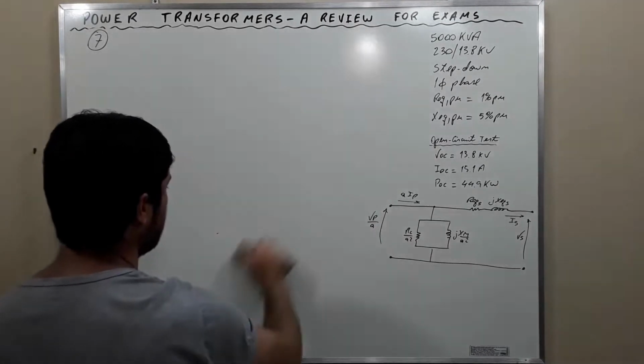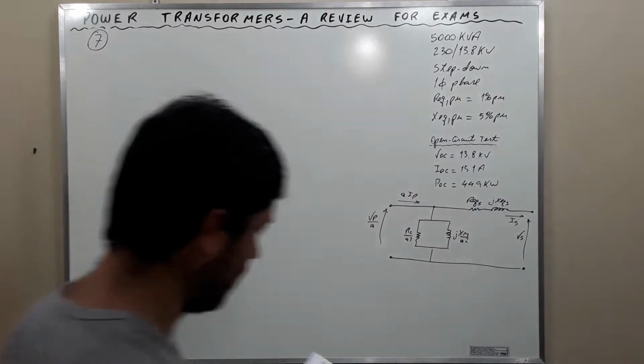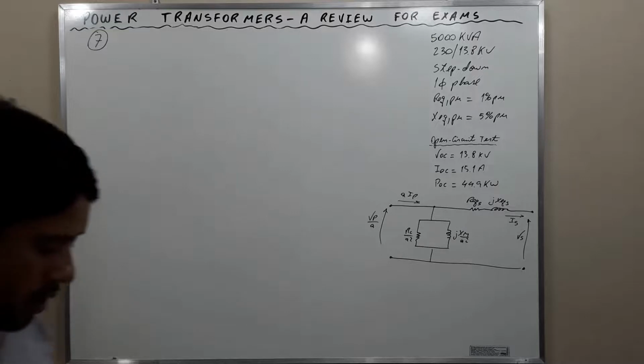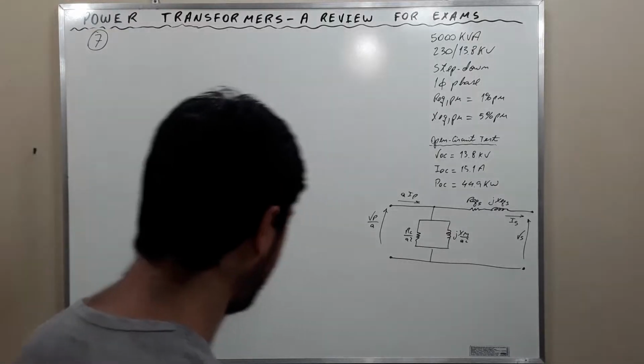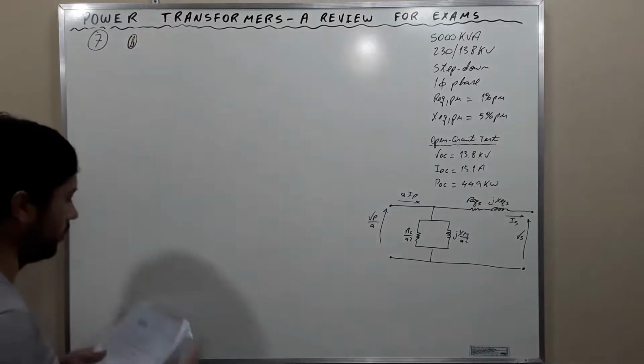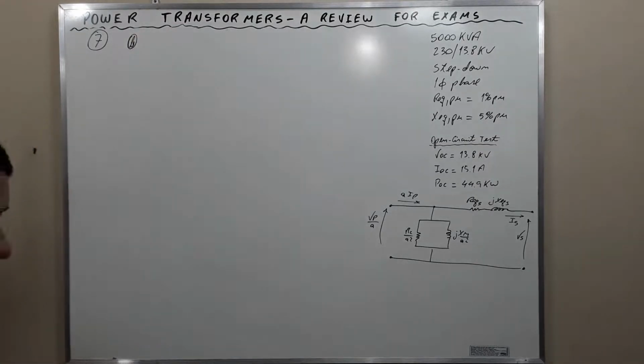In letter B, we are asked: if the voltage on the secondary side is 13.8 kV and the power supplied is 4000 kilowatts at 0.8 lagging power factor, find the voltage regulation and efficiency. We need to find the voltage regulation and efficiency. Let's calculate the current at the secondary side.